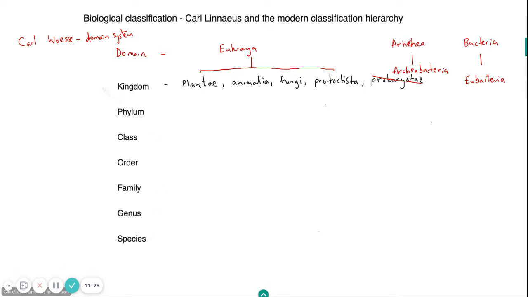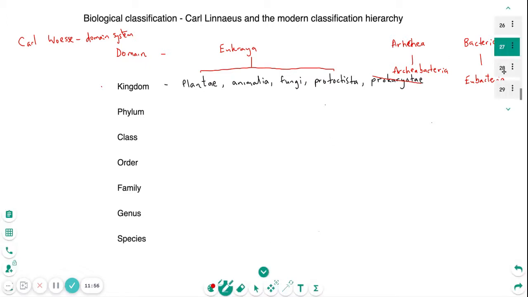From kingdom down to species, you need to know what this order is. So you can come up with your own mnemonic to do this. I just found it easier just to remember it: kingdom, phylum, class, order, family, genus, species. But if you can come up with some sort of memorable sentence to help you with that, that's fine. But that has to be something that you've got to spend time trying to remember.